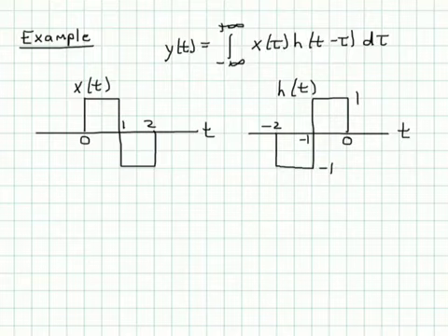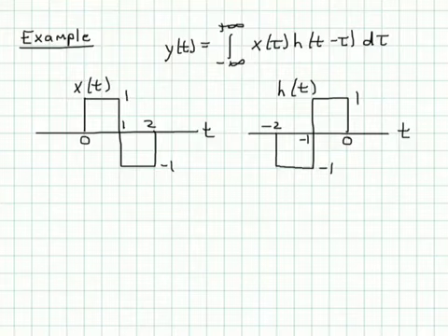And so for this particular example, I've defined x to look like this. It's a little square pulse that's equal to 1. I guess I should mark that on there. It's equal to 1 between 0 and 1, and it's equal to minus 1 from 1 to 2.